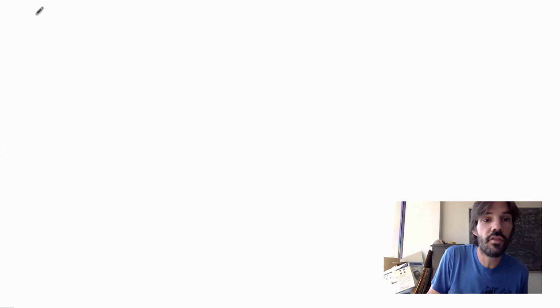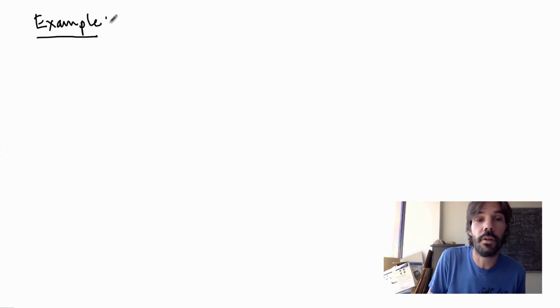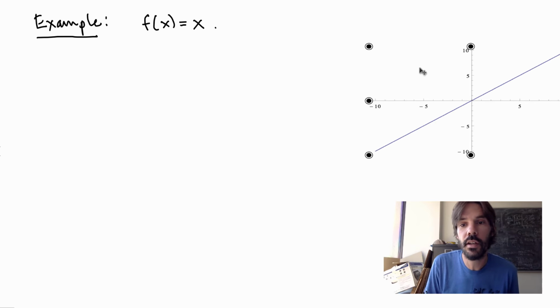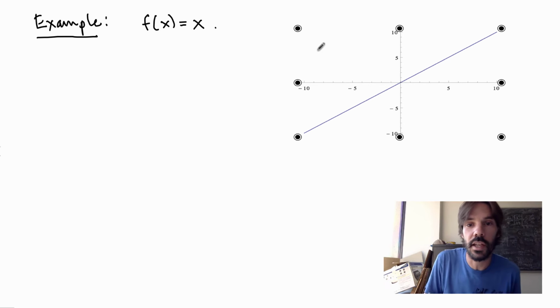Okay, so let's do another example in some detail. So let's choose a very simple function and see how the derivative goes, both geometrically and from the definition. So let's choose the function f of x is equal to x. Okay, so what does this function look like? Well, again, I can graph my function. I'll get something like that.